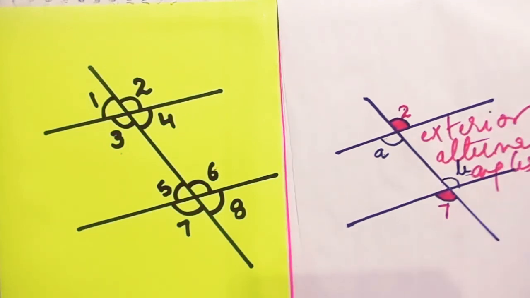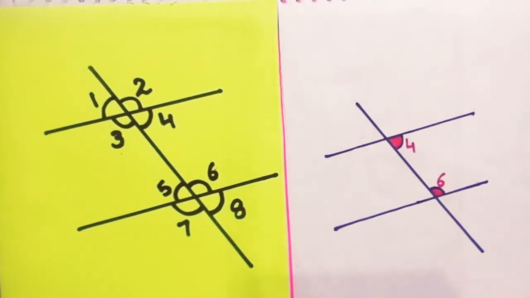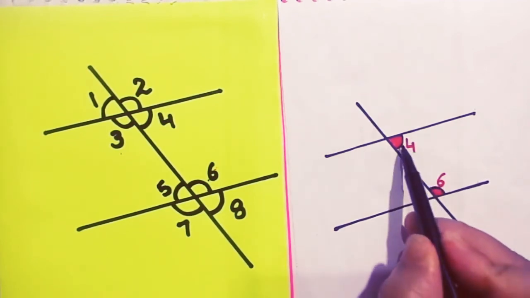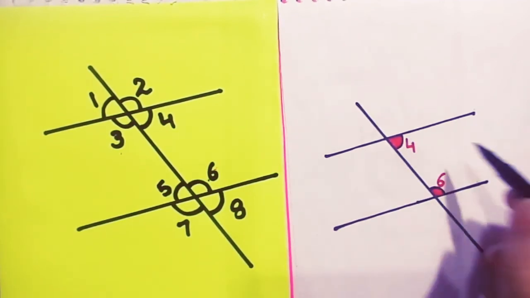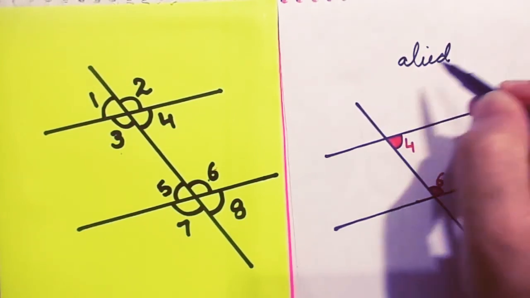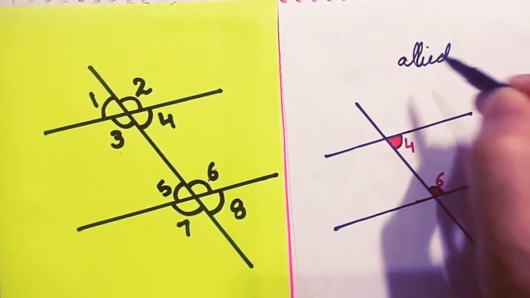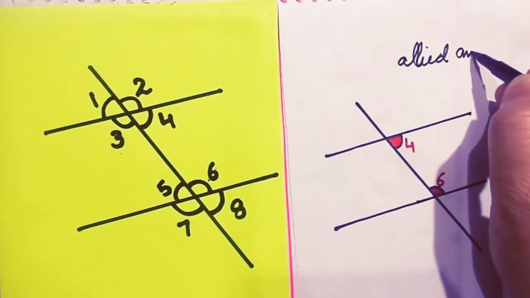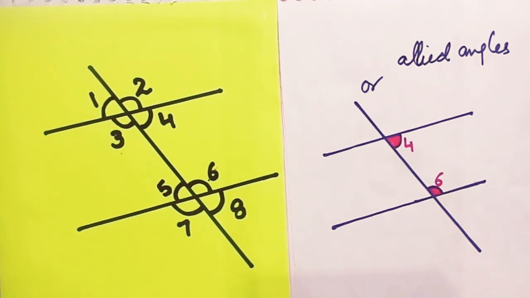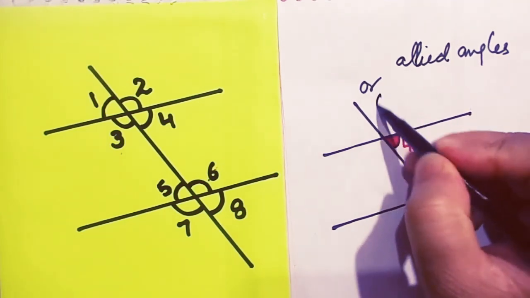Okay, let's move on to the next one, that is 4 and 6. Now these 4 and 6 are known as allied angles, or they are also known as co-interior angles.